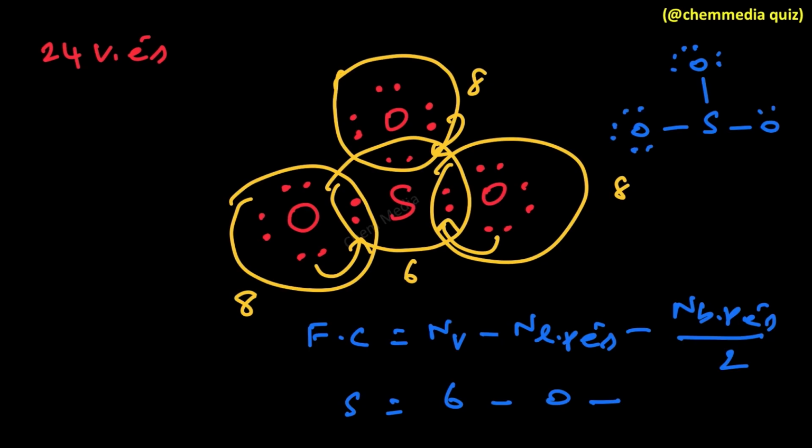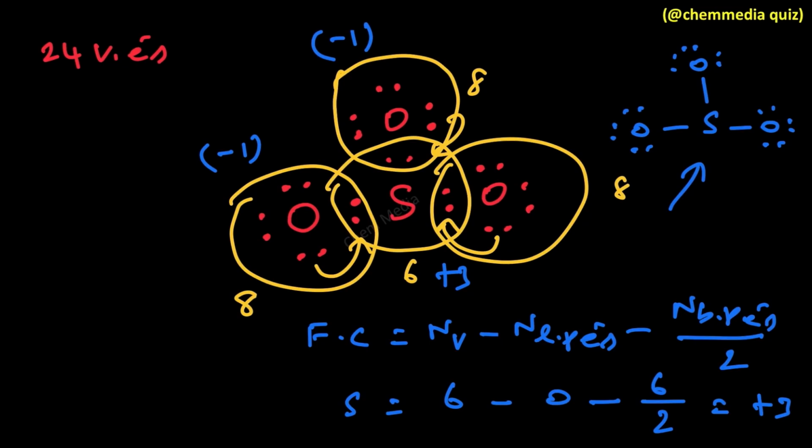If we are calculating the formal charge using this structure, then what would happen? We would get plus 3 obviously, because we have 3 bond pairs, that means 6 electrons, so 6 by 2, which means 6 minus 3, and that is equal to plus 3. That is a wrong answer. And for each oxygen atom, we would get minus 1. Net charge is becoming 0, but still this is not correct.